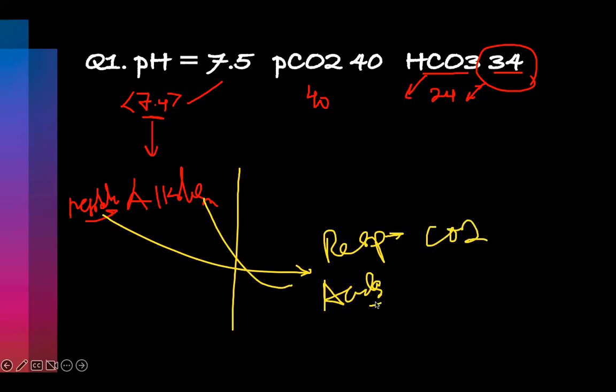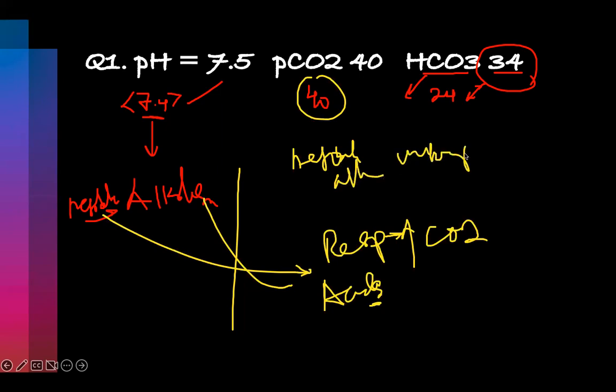And what is acidosis for CO2? Up. It is still 40. Therefore, it's not compensated. So we have metabolic alkalosis, uncompensated. So this is uncompensated lab work.